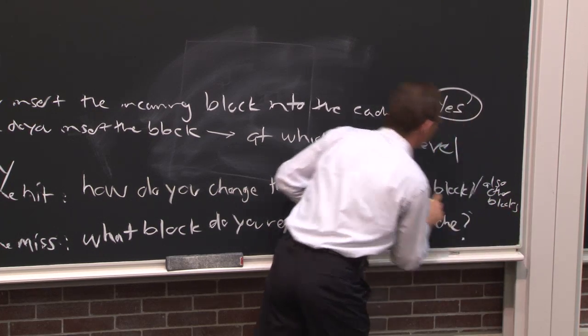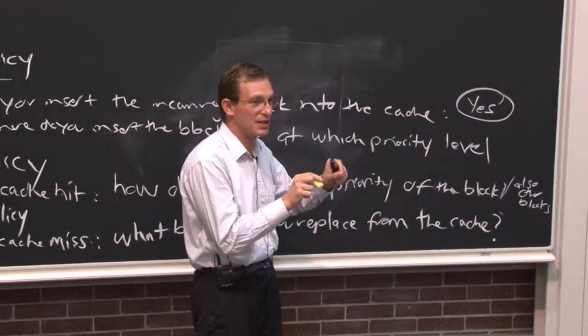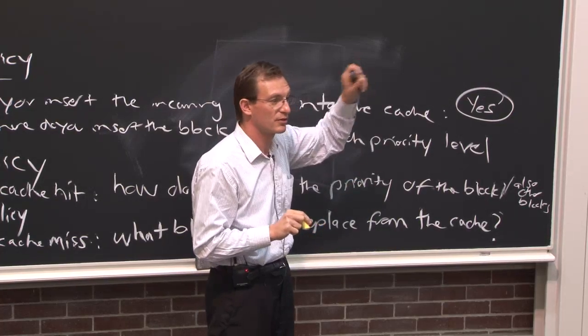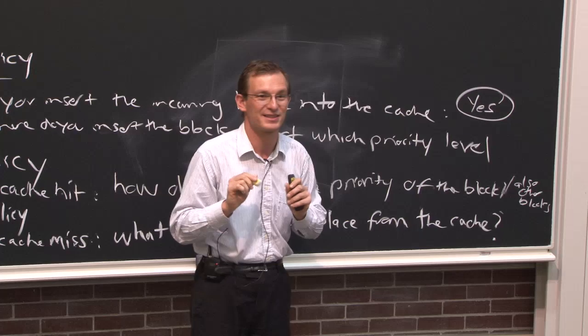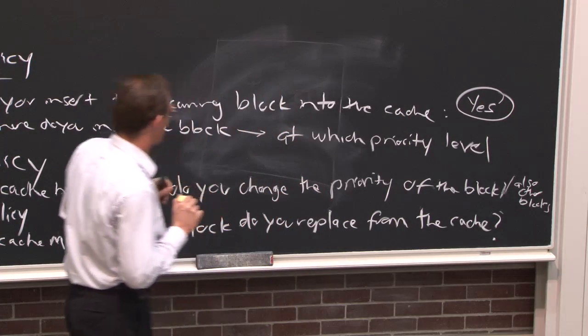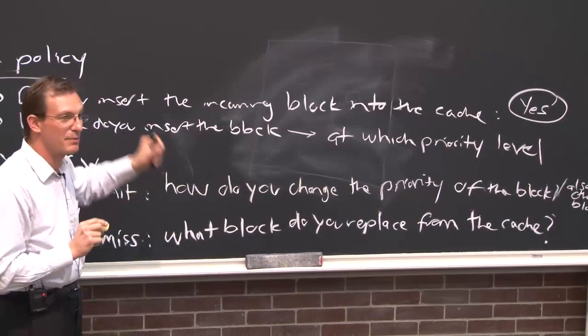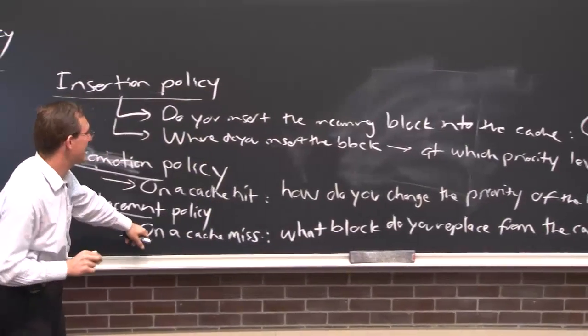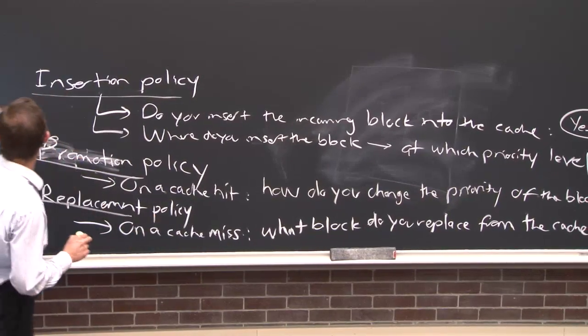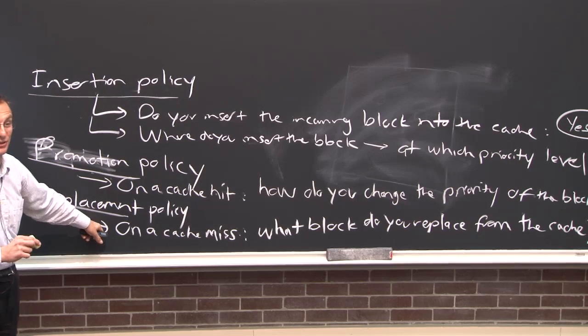If you get a cache hit on that block, you promote it to become the MRU. And every block shifts somehow, right? For example, one block that was MRU becomes MRU minus 1. And replacement policy on a cache miss: LRU policy says replace the least recently used block.